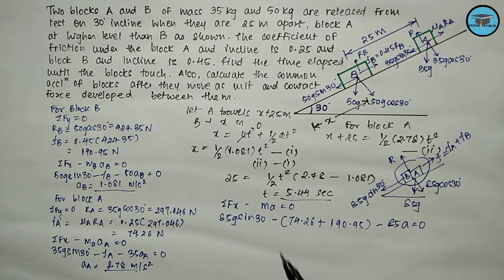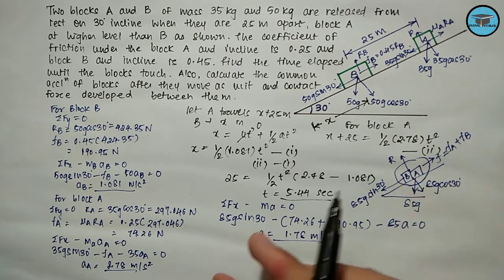Okay, on solving further, we will get the common acceleration as 1.78 meter per second square. This is the common acceleration at which this unit would be moving.